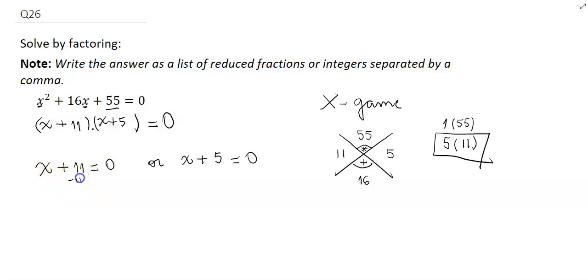I subtract 11 on both sides, x equals negative 11. And here I subtract 5 on both sides, because I wanted this to be 0. Now I have x equals negative 5.